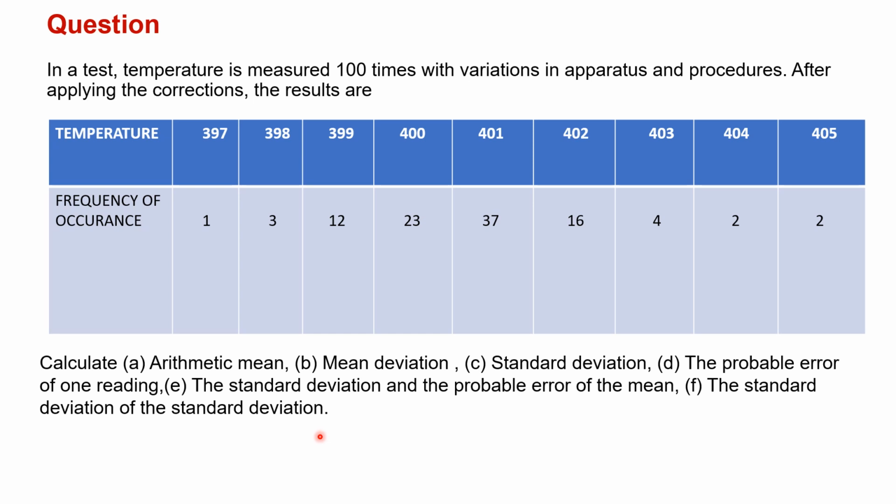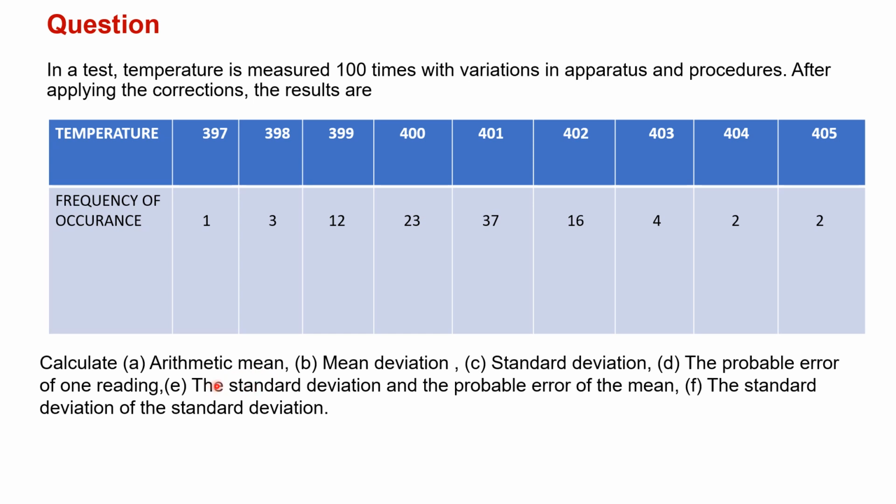First, the basics. The arithmetic mean is the most probable value of the measured variable, the arithmetic mean of the readings.